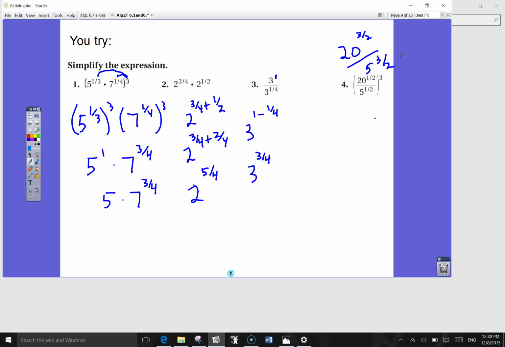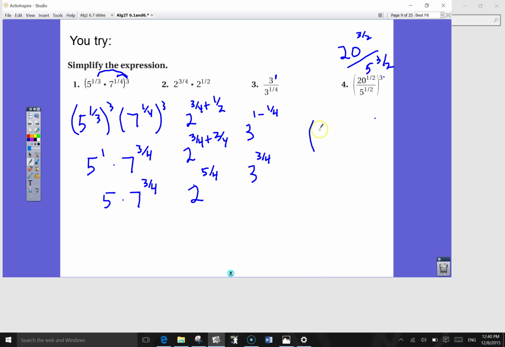Okay. Now, this is like the reverse of distributing a power to everything inside the parentheses. We actually have a power, 3/2, which is distributed onto the numerator and denominator. So we can kind of go backwards on this.